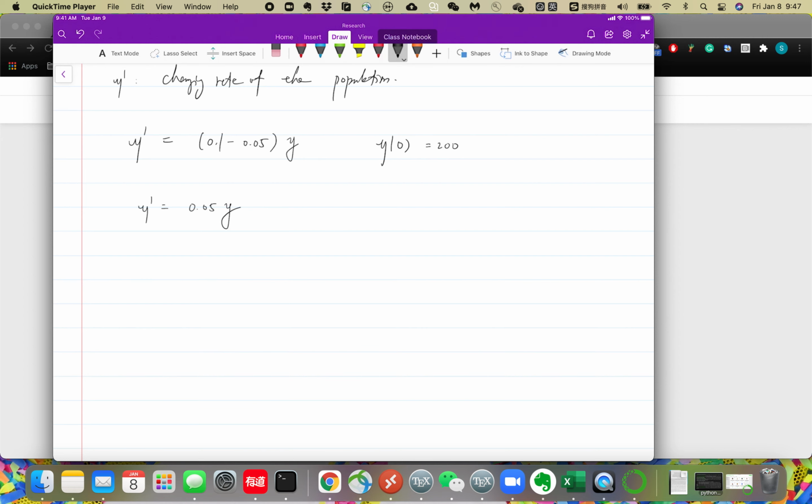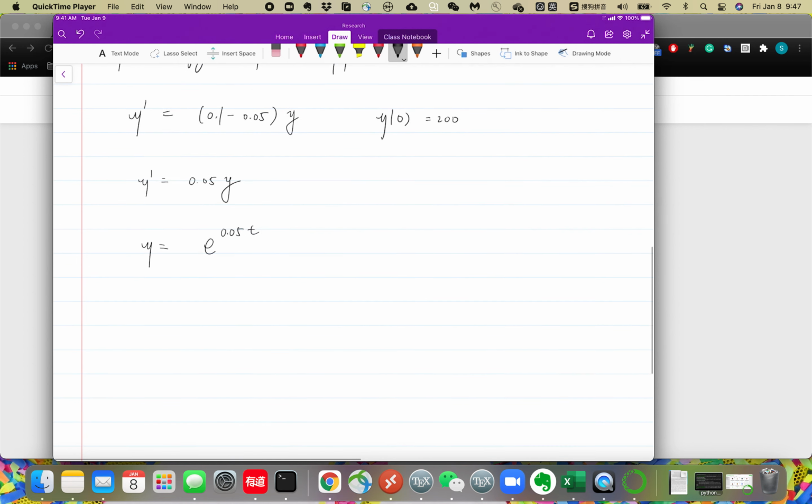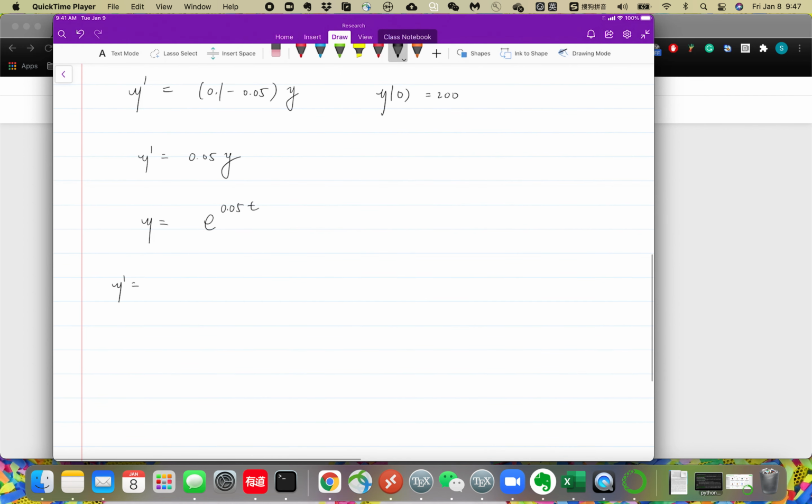After several attempts, I think it's not hard to see this one will satisfy. If you don't believe it, y prime is going to be 0.05 e to the 0.05 t through the chain rule, which is 0.05 times y itself. So this will be the only function that satisfies this differential equation.